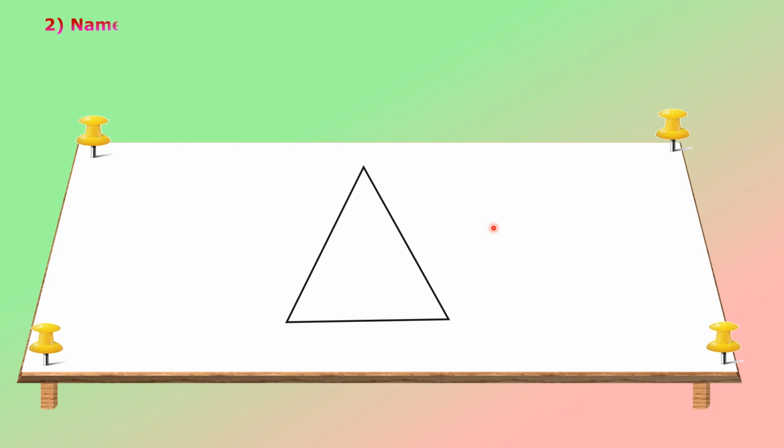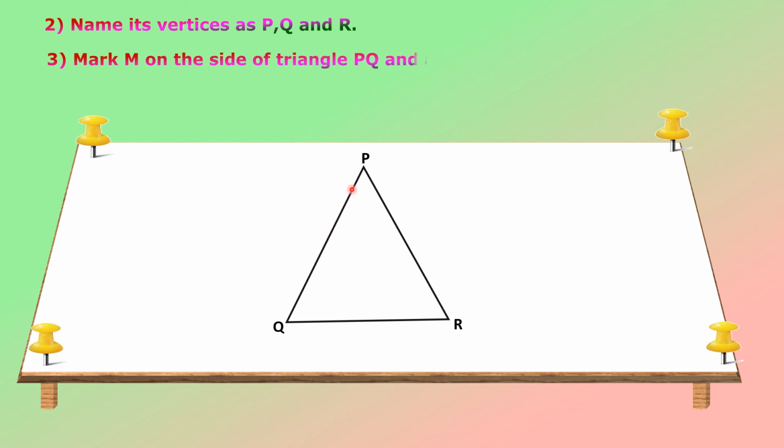Now name the vertices as P, Q, R. Before marking the angle of 55 degrees, you have to mark a point M on the side PQ of the triangle, and also draw a perpendicular to PQ at M. First we mark M on this side, then draw the normal to PQ at this point.